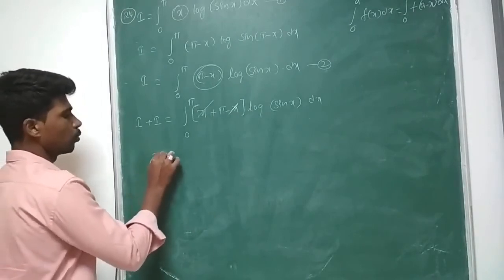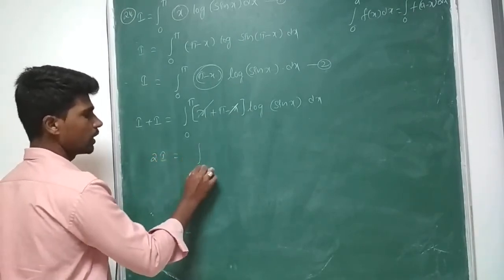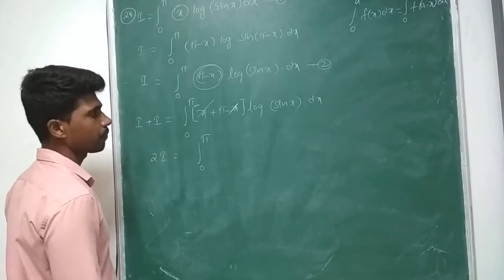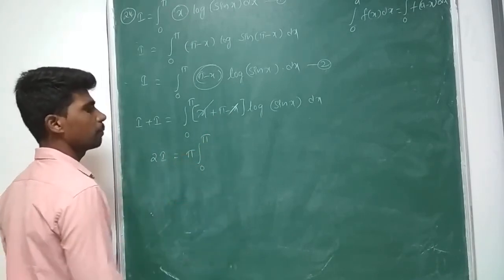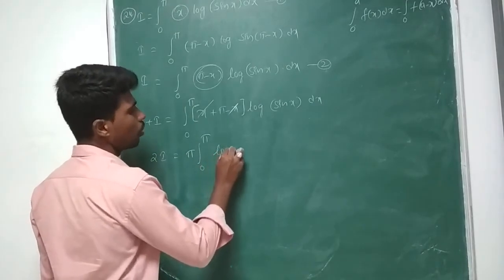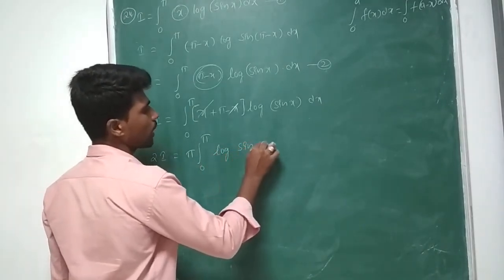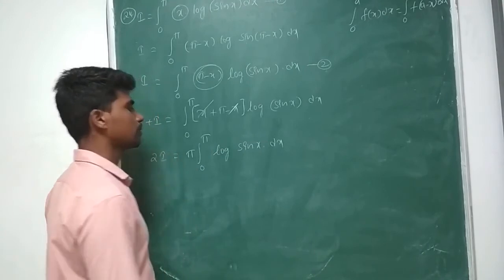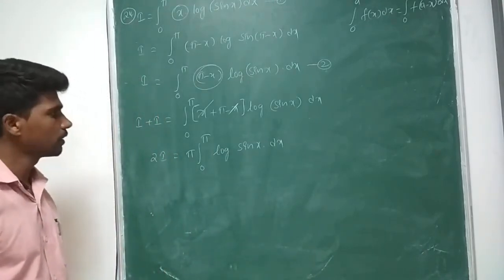So I get 2I is equal to integral 0 to pi. I have a pi here, take pi out. So 0 to pi log sin x dx.